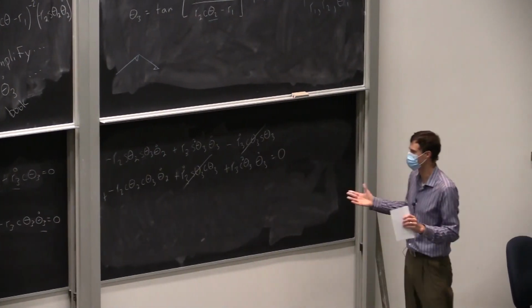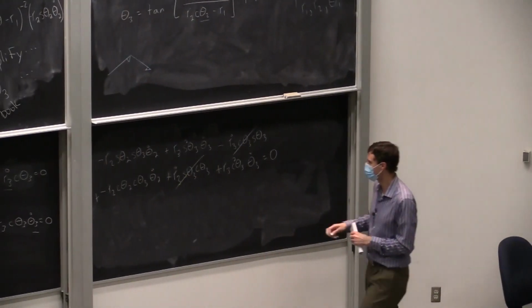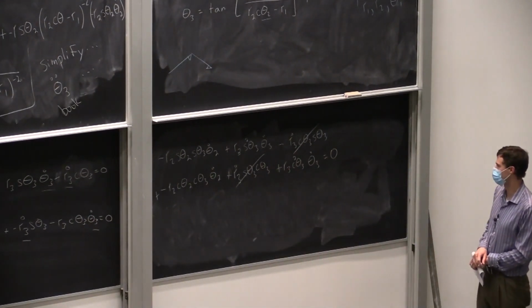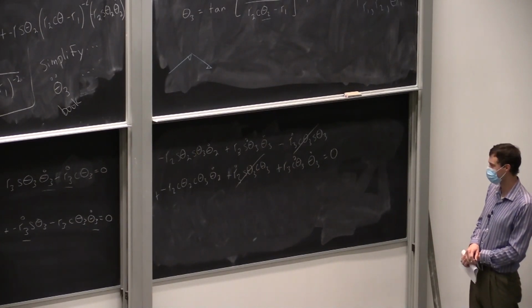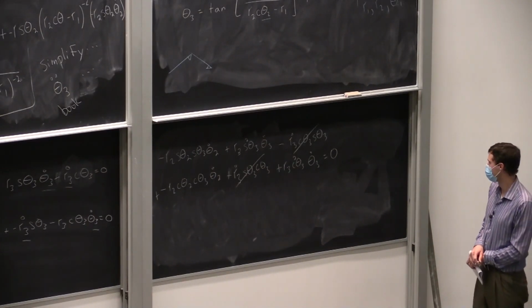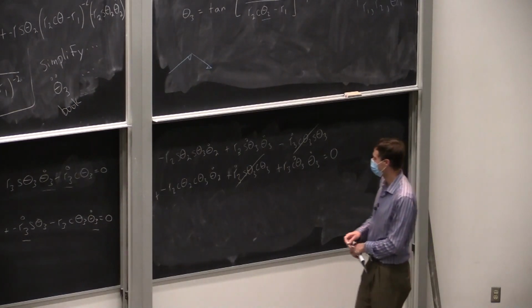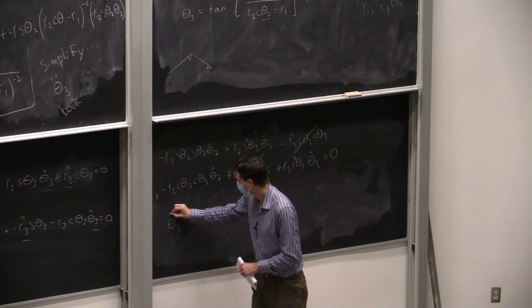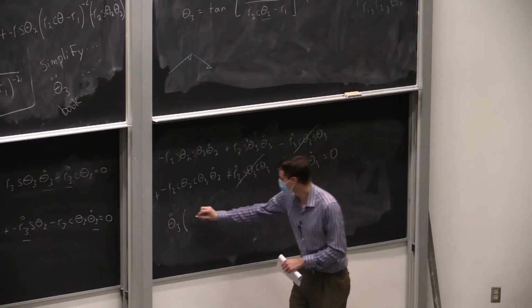So this is a form we can solve for theta 3 dot, right? We can write theta 3 dot out as an equation. Can I do it without making a mistake here? In one step, I don't think so. Theta 3 dot. So let me just group my theta 3 dot terms.